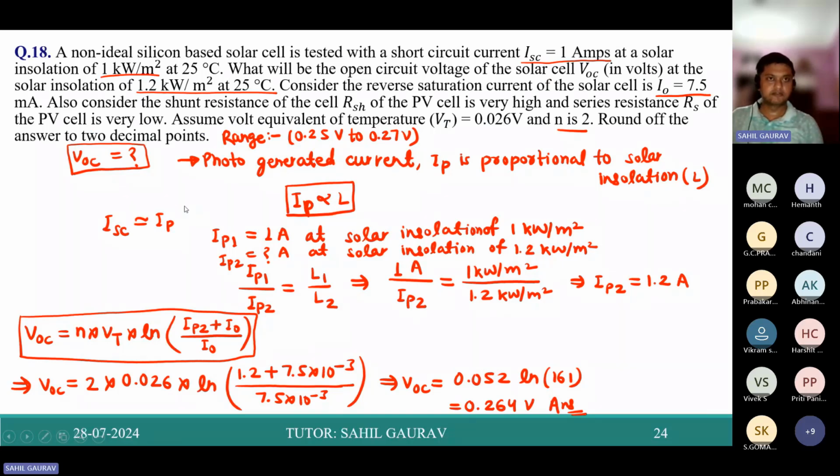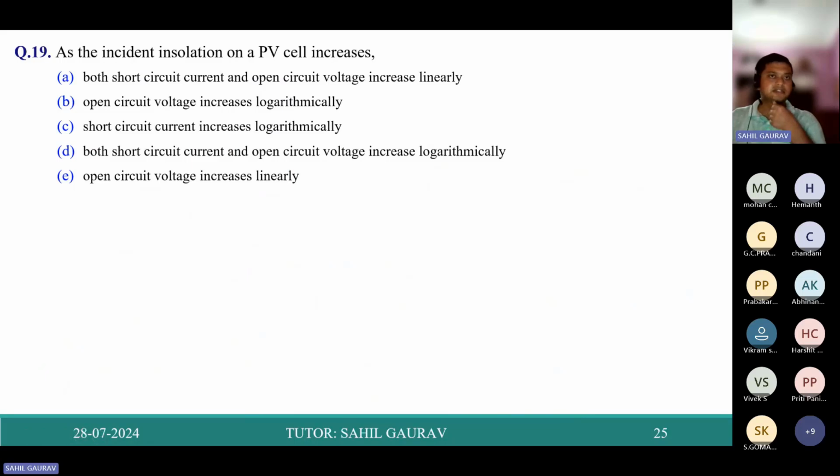Now coming to the next problem. As the insulation on a PV cell increases, the options are these. I think we have solved this type of problem. Both short circuit current and open circuit voltage increase linearly; open circuit voltage increases logarithmically; short circuit current increases logarithmically; both increase logarithmically and open circuit voltage increases linearly.